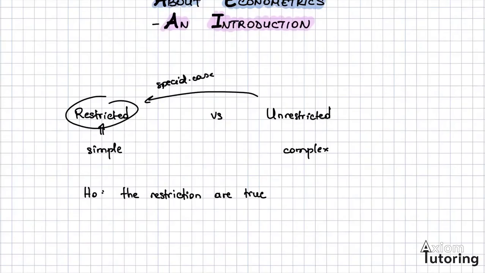So the question will be, did relaxing the restrictions reduce your residual sum of squares enough to justify the extra parameters?